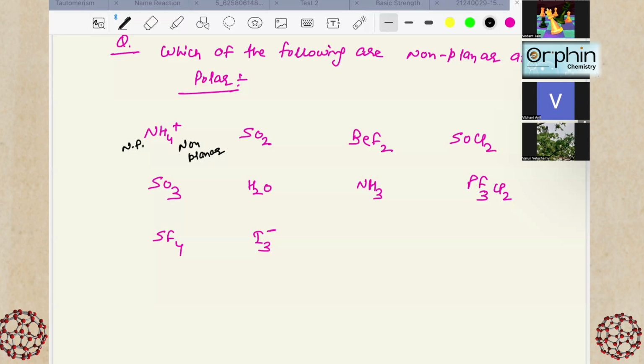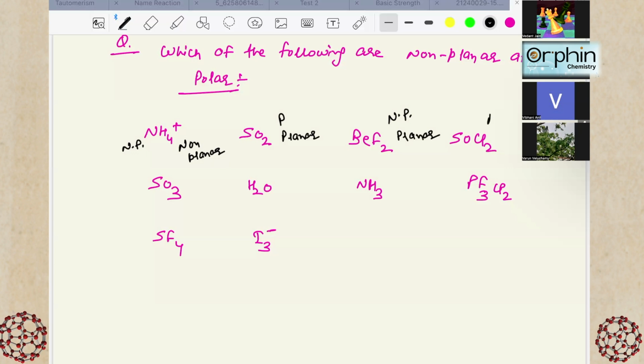SO2 is polar because of the one lone pair case, and it is planar also because 3 atoms are there. So again, this is not our answer. Polar it is, but it is not non-planar. BeF2 is non-polar, but it is planar. This is not our answer.